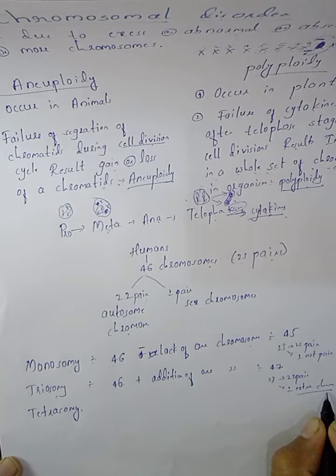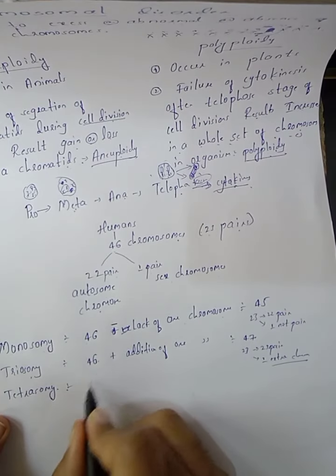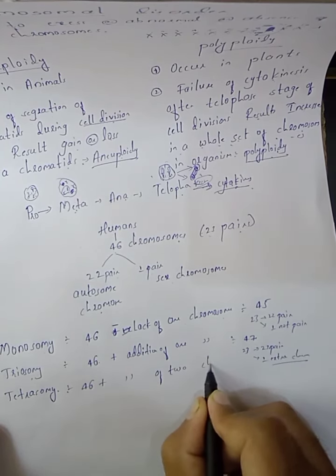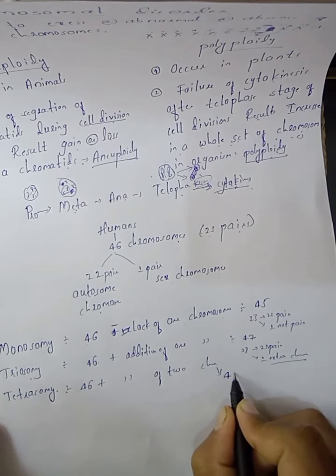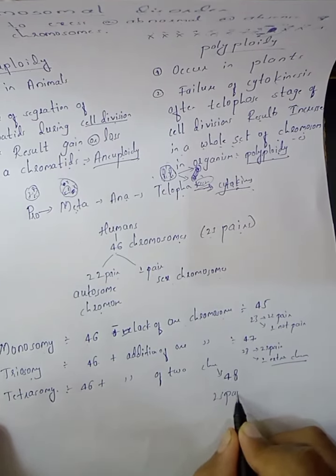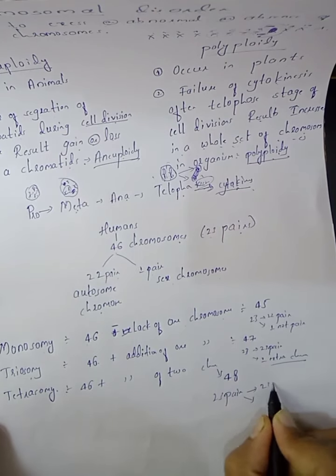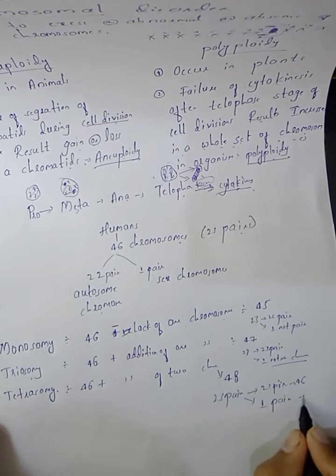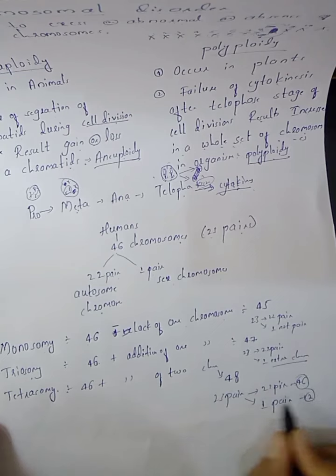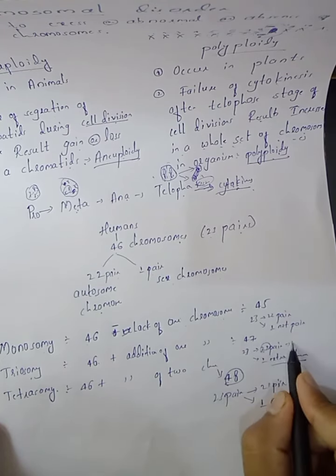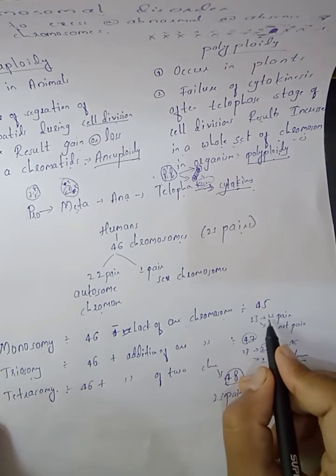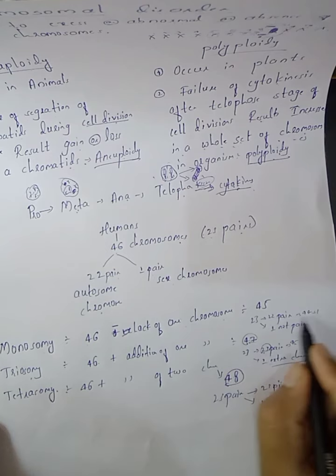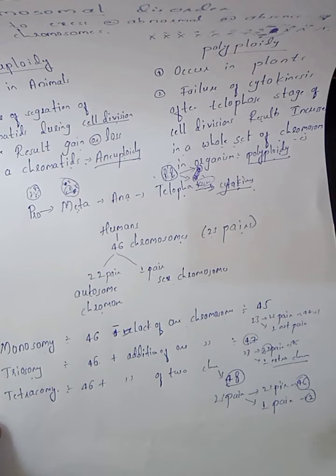Tetrasomy means 46 plus the addition of two chromosomes, becoming 48. That is monosomy, trisomy and tetrasomy.